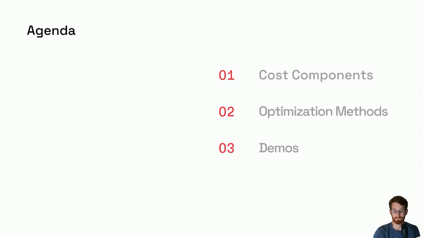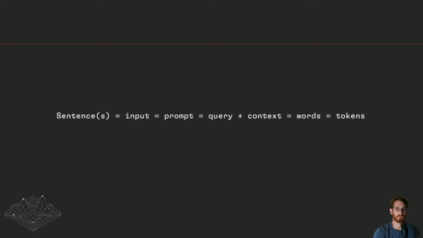We encourage it. I want to make sure that everybody's on the same page before we begin, because a lot of these words are obviously used interchangeably. When somebody is saying that they're giving a sentence to an LLM or an input or a prompt or a query context, essentially the words which are given to the LLM are tokens.